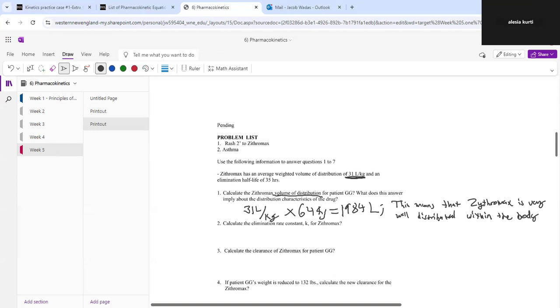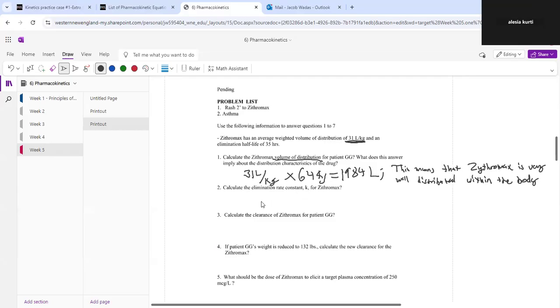All right, question number two is asking for the elimination rate constant K for Zithromax. Above it says the elimination half-life is 35 hours.